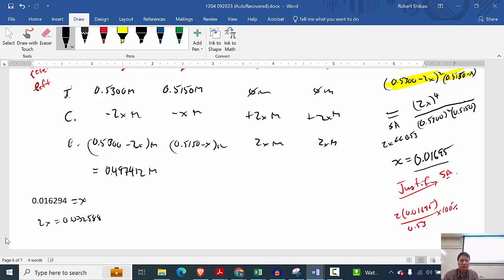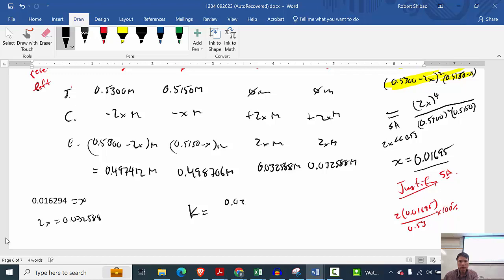So we have 0.515 minus x, which is 0.016294, so it's going to be 0.498706 molar. And then we have 2x, which we already calculated, 0.032588 molar, and 0.032588 molar here.